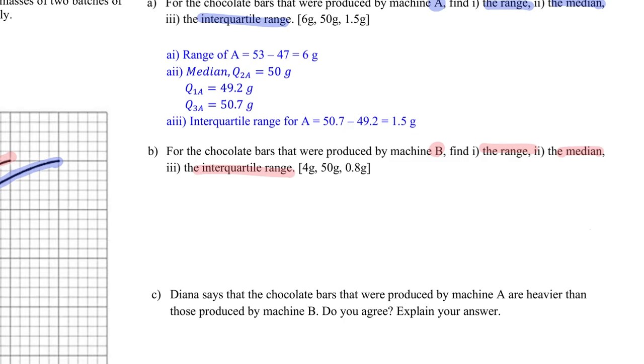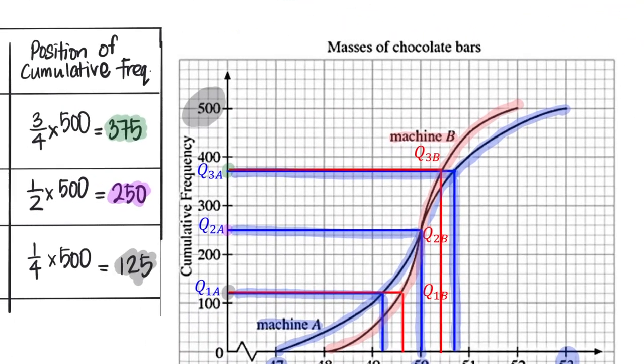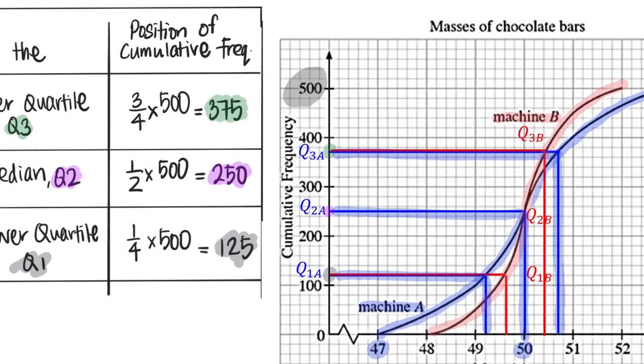Going back to the graph again, for part B, you can see that with the same positions at 375, 250, and 125, our focus now is to look at the red color graph for machine B, and this will be my lower quartile. This will be my median, which is the same at 50, and my upper quartile.